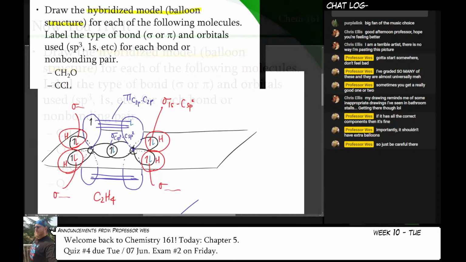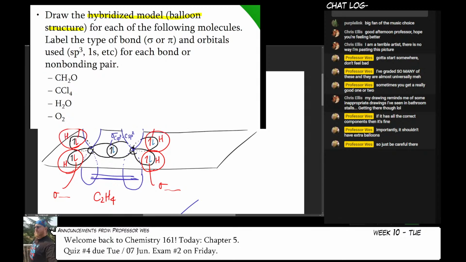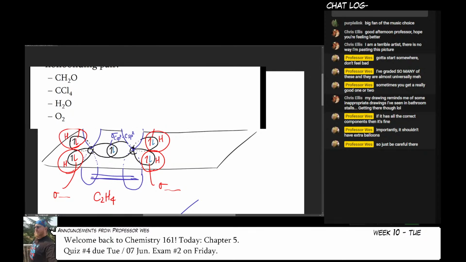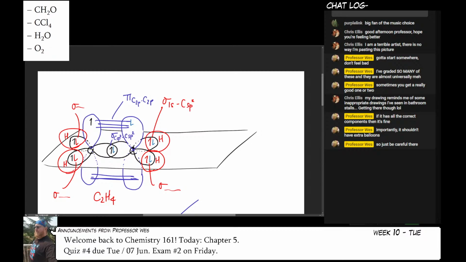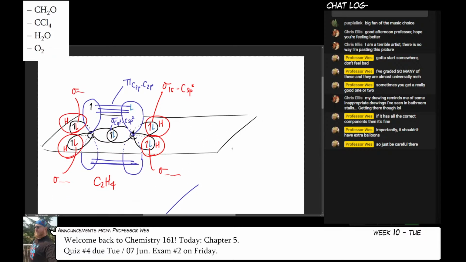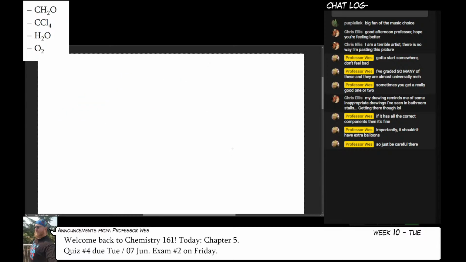All right, let's draw these balloon diagrams to the best of our ability here. I hope you enjoyed this diagram, because it's gone now. So we're going to draw CH2O.